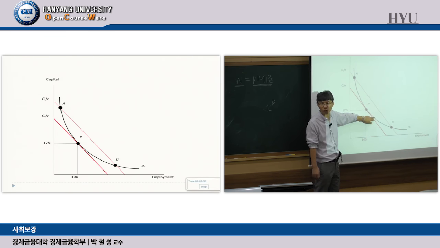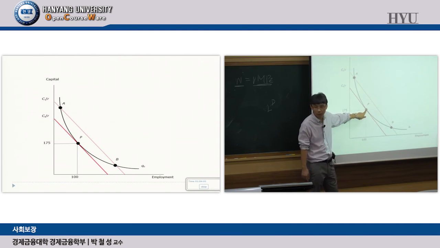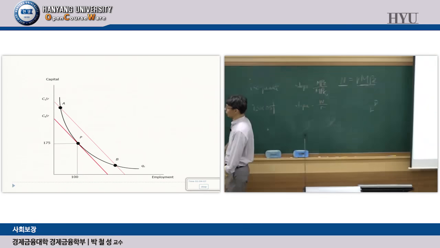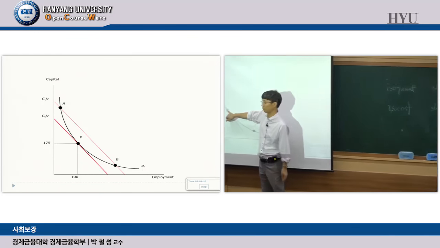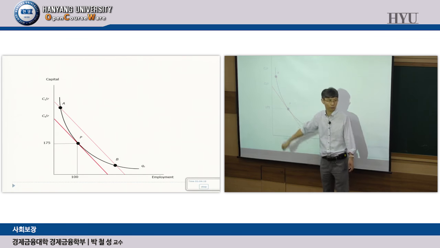You should stay on the isoquant curve. You should push it to the limit, which is point P, obviously. So you have a goal of Q0, then you can figure out that P is the best way, the cheapest way, or cost minimizing way to produce Q0.